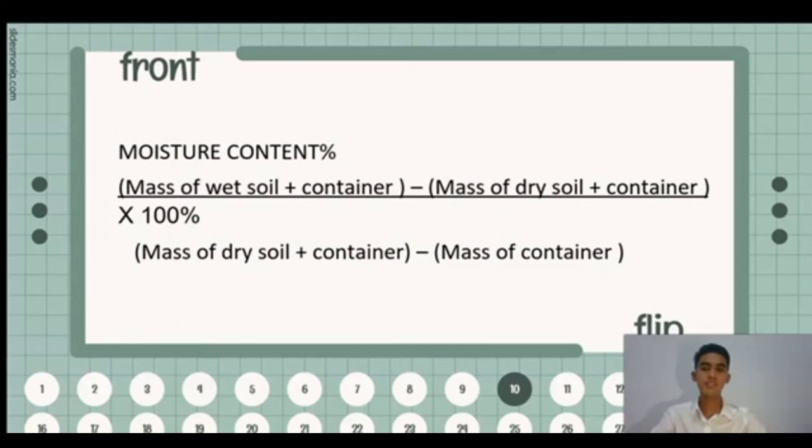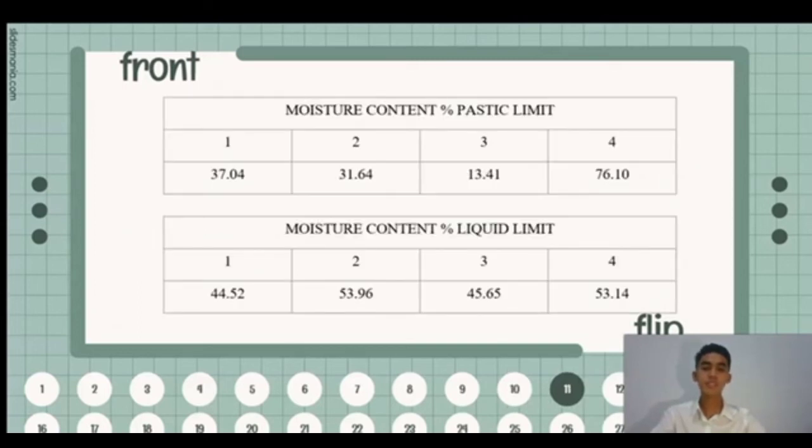This is the formula for moisture content: mass of wet soil plus container minus mass of dry soil plus container, divided by mass of dry soil plus container minus mass of container, multiplied by 100%. Moisture content for plastic limit: the first one is 37.04, the second is 31.64, the third is 13.41, and the fourth is 76.1.